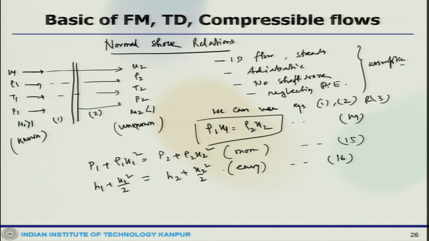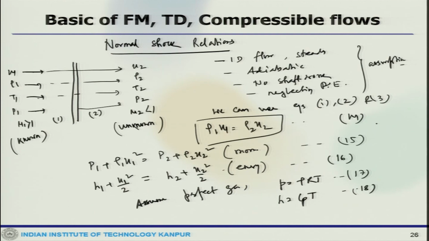Now, we assume a perfect gas, so that we can write P equals rho R T and h equals Cp T. So, what do we have? We have 1, 2, 3, 4, 5.